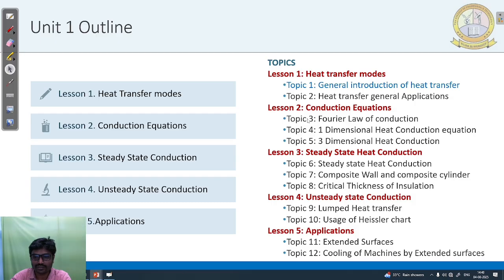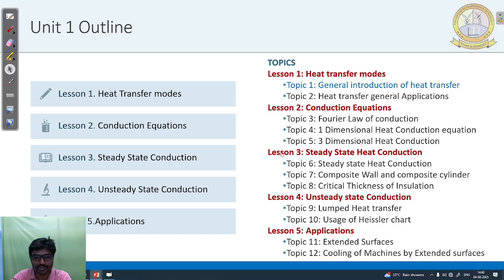I have split it into 3 topics, because conduction is a very important concept. Topic 3 covers Fourier law of conduction. Topic 4 covers the one-dimensional heat conduction equation, and topic 5 covers 3-dimensional heat conduction.